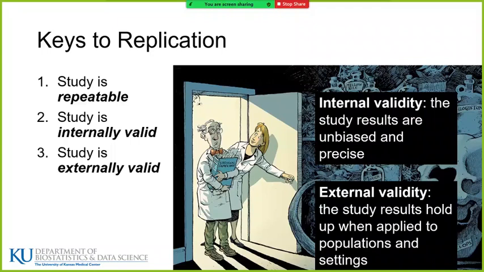It's a high-quality finding. If a study is externally valid, that just means that that result, assuming it's internally valid, it's precise and accurate, can be applied to different populations and settings, that it will translate to different populations and settings.